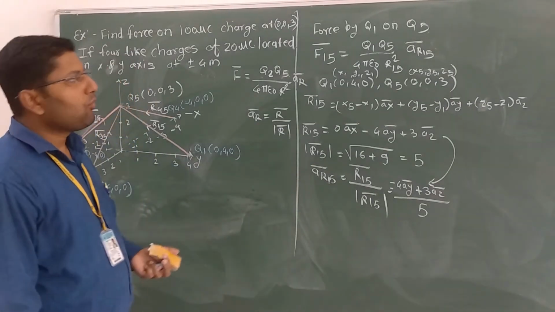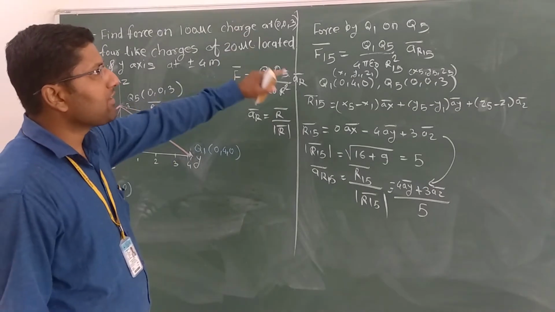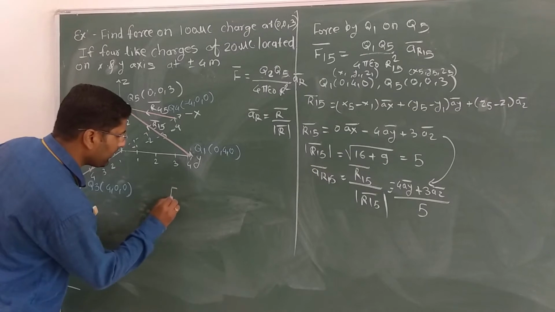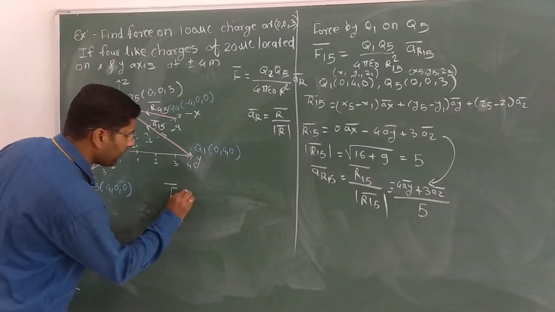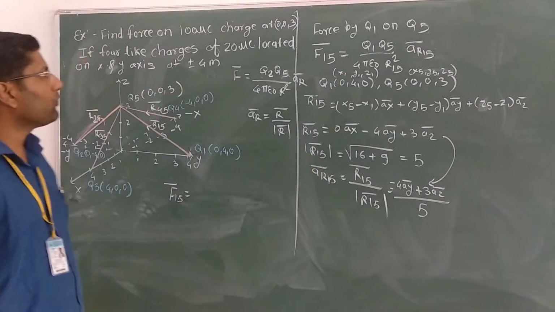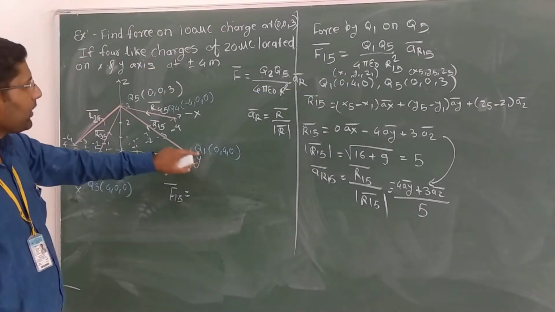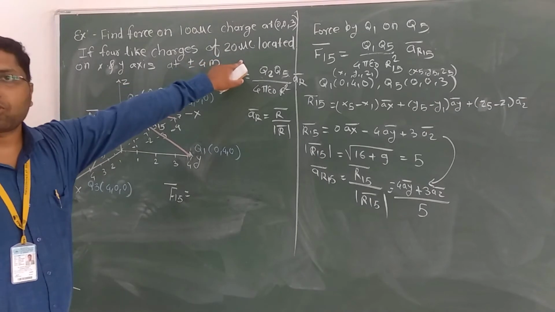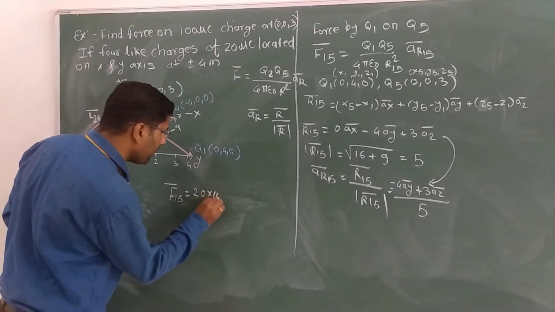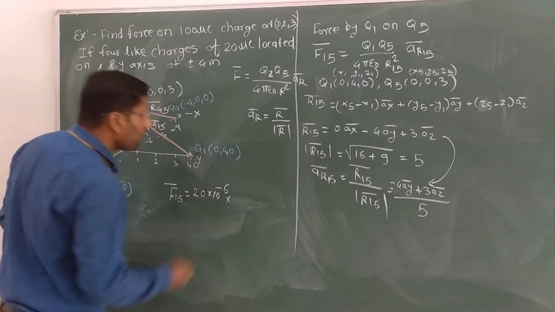Now what is next? What is your final answer? That is F15 bar. We have to find out F15 bar. Here I will write F15 bar. How to calculate F15 bar? Q1 Q5. Q1 value they have given is 20 microcoulomb, so 20 microcoulomb means 20 into 10 raised to minus 6.